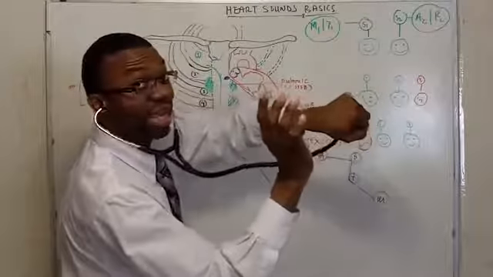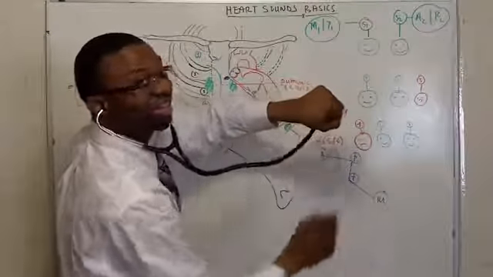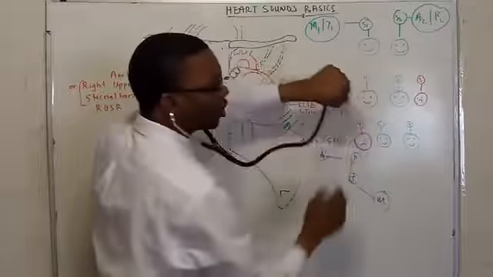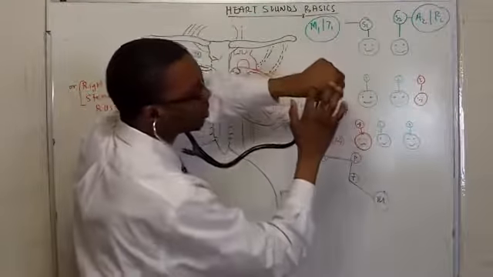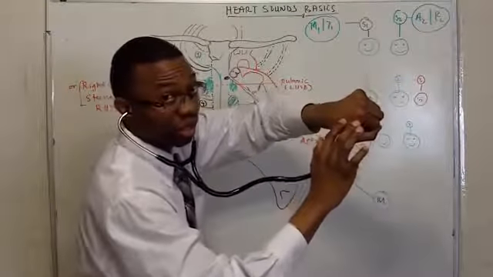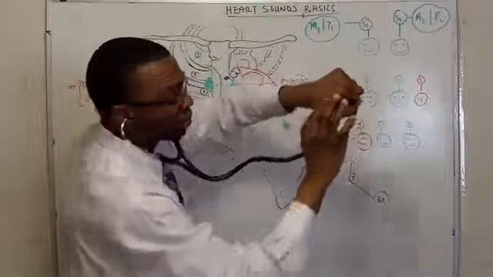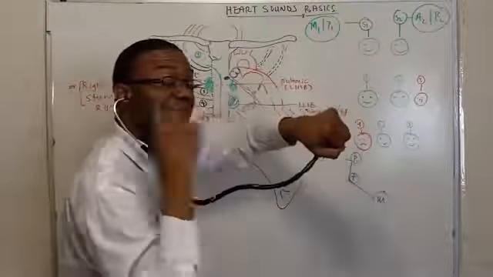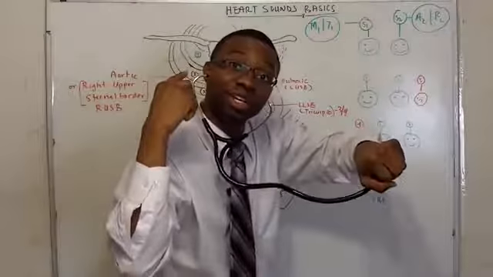And this is S1. One sound. Look at that. S1, S1, S1. That's mitral and tricuspid. S2. Look at that. Now, when you have your stethoscope, you can actually hear this inside your ears.